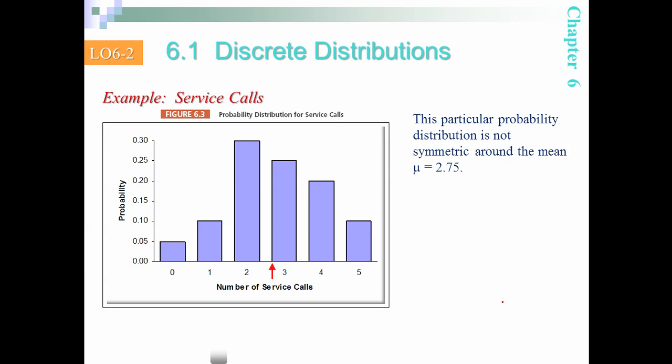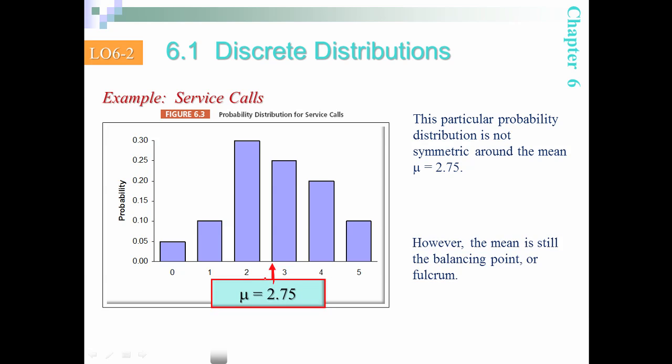So we can look at a plot of this. Here is a density plot or probability distribution, and the average value is right here at 2.75. And one way to think of the average or the mean is to think of the point that balances all of the data.